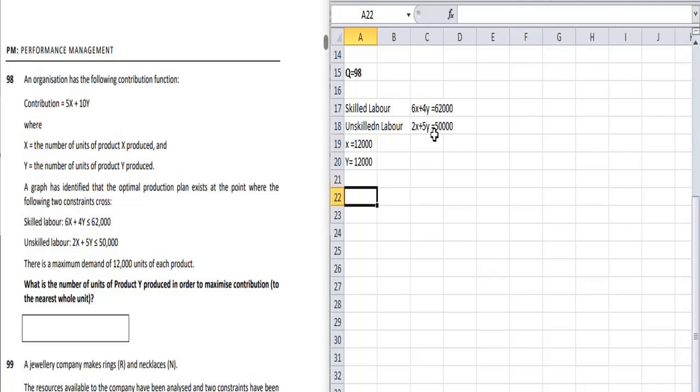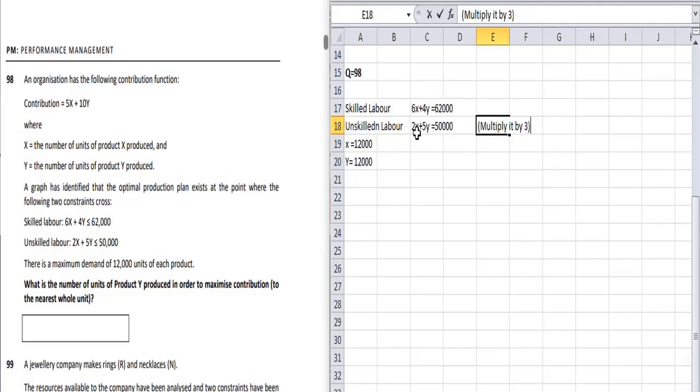Okay, so for solving we will multiply the unskilled labor equation by 3. And why should I multiply it by 3? In order to make that 6, so that if I subtract these two equations, 6x will get cancelled out.